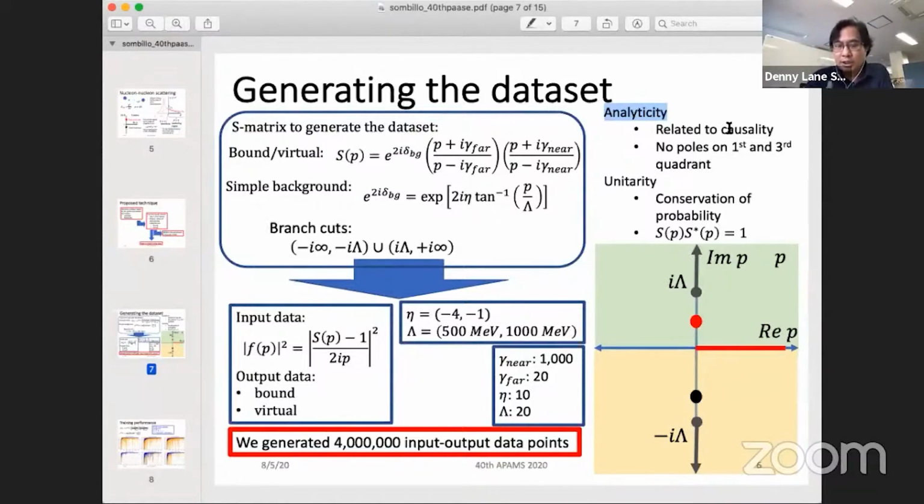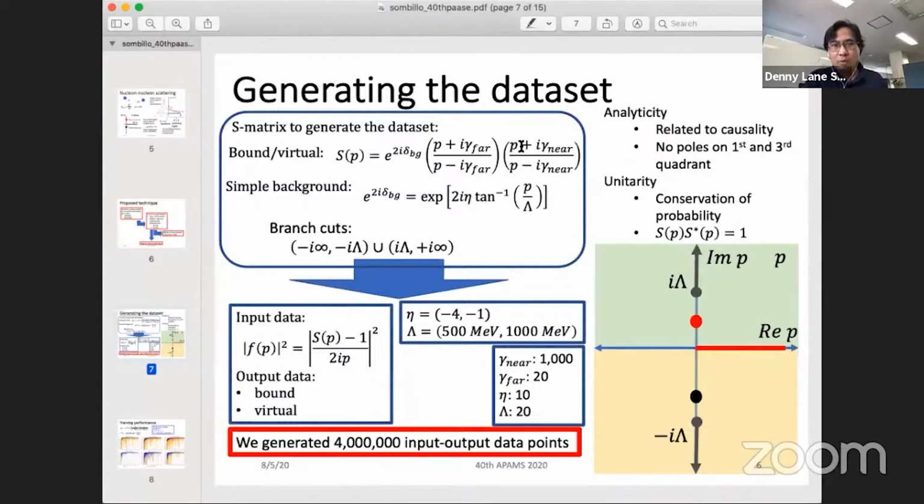That is, there should be no scattering if the incident particle is not yet in collision with the target particle. So no poles should be present in the first and third quadrants. Second, we have unitarity, which is quite familiar to us. It is due to the conservation of probability, or in equation, you can write it this way. Since this is a single channel, our S matrix is just a single function of P. Just take the complex conjugate for the Hermitian conjugate.